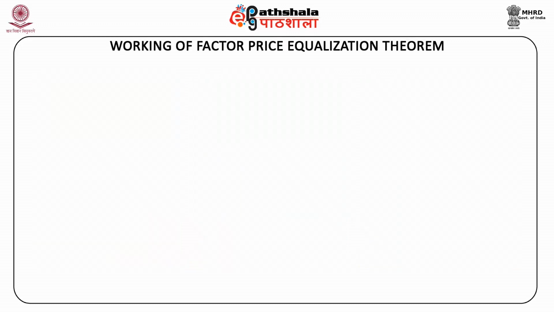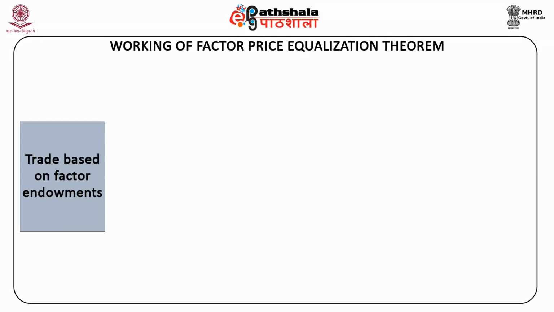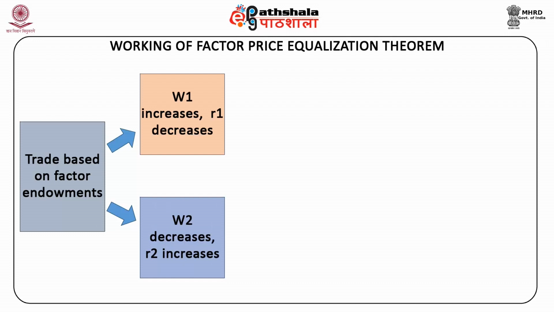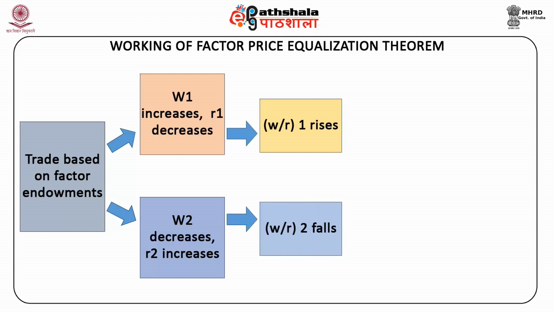The diagram shows the working of the factor price equalization theorem. When trade occurs on the basis of factor endowments, then in Nation 1, wage rises and interest rate falls, while at the same time in Nation 2, wage falls and interest rate rises. This leads to a rise in relative wage rate in Nation 1 and a fall in relative wage rate in Nation 2.